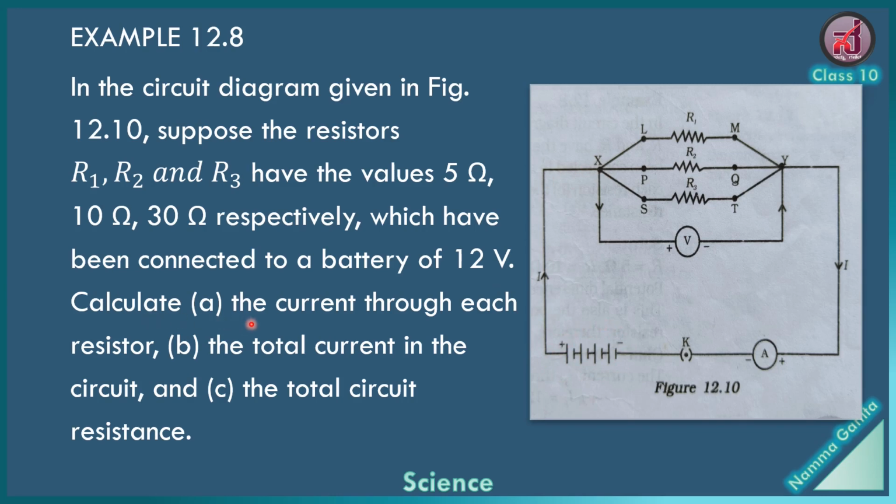Calculate A. the current through each resistor, meaning the current through R1, the current through R2 and the current through R3. B. the total current in the circuit. And C. the total circuit resistance.